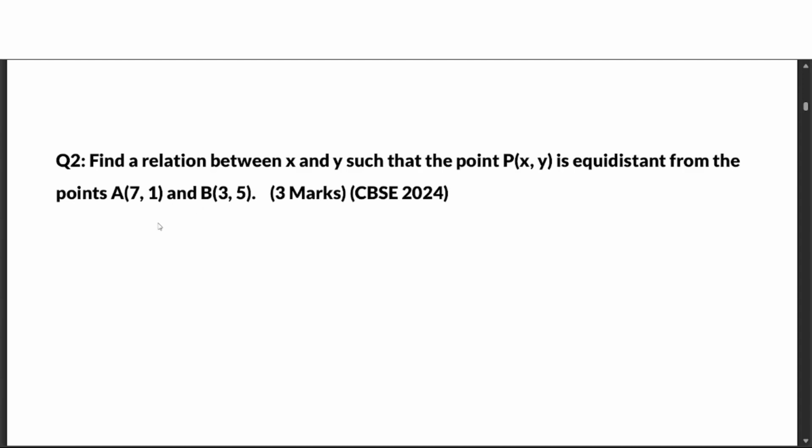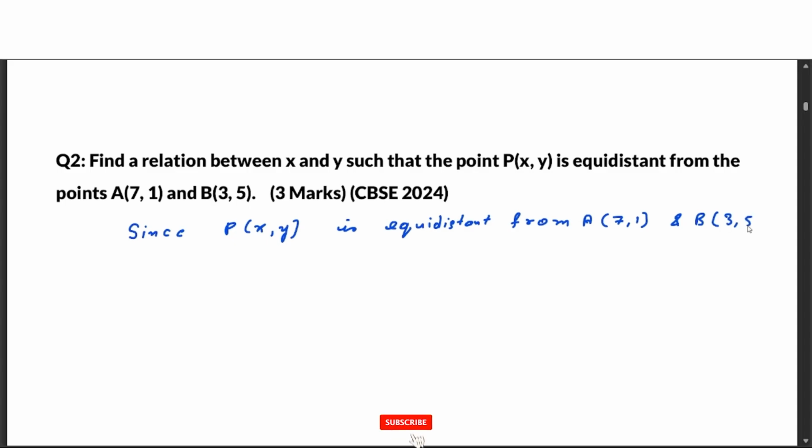So we will say, since P coordinate is given as (x, y) and is equidistant from point A, that is (7, 1), and B, that is (3, 5).